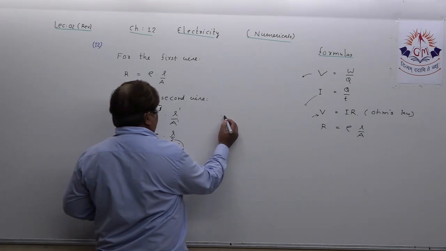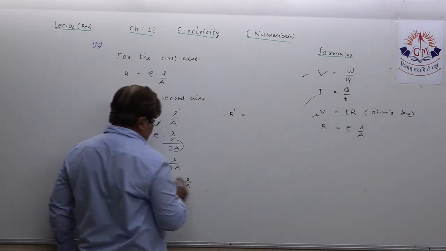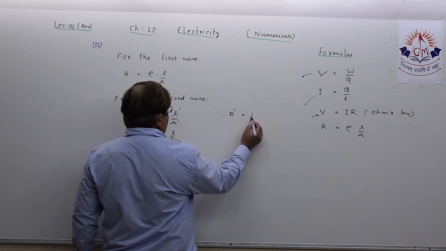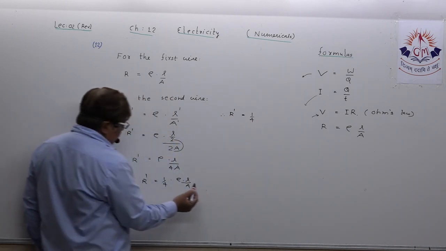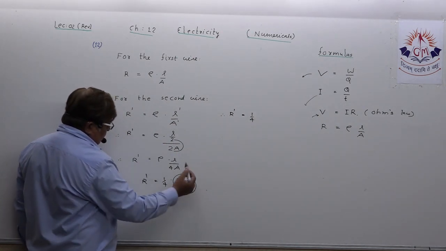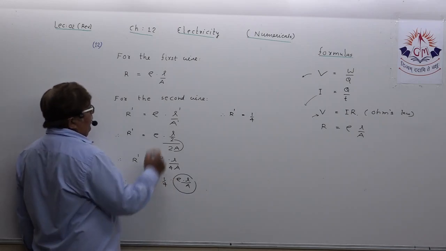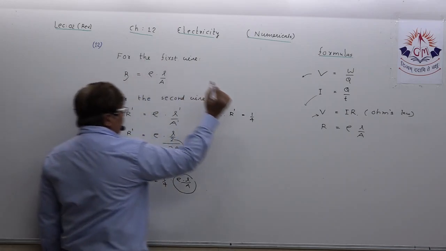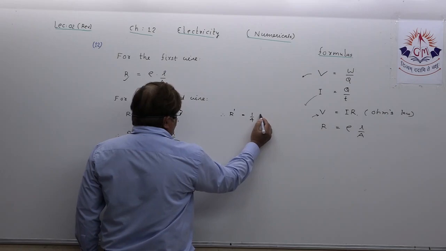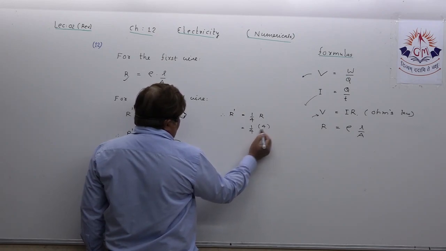Now the next step, R dash is 1 upon 4 in place of rho into L upon A. Can I replace R? Definitely. And now let us put the value of R, that is 4.